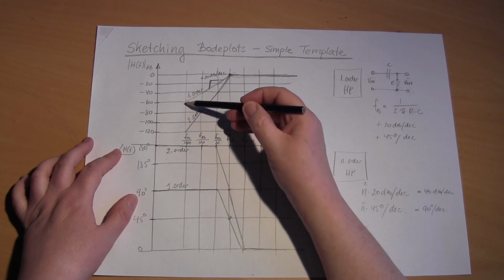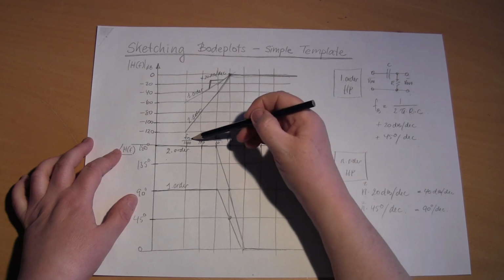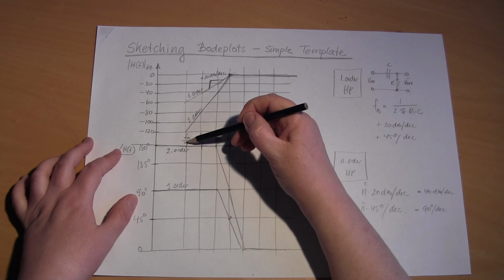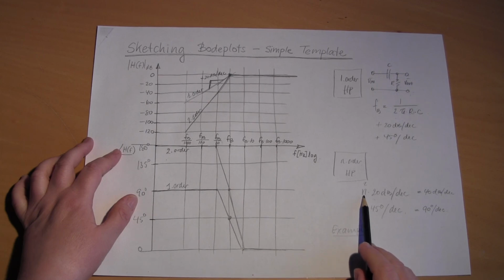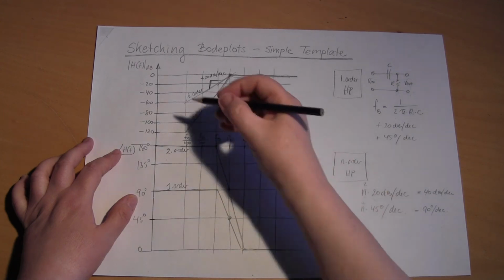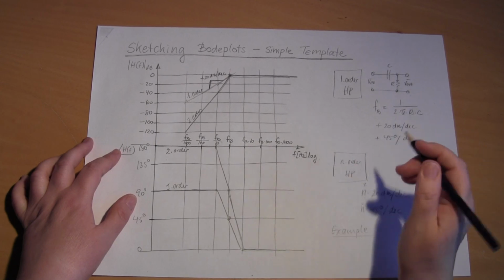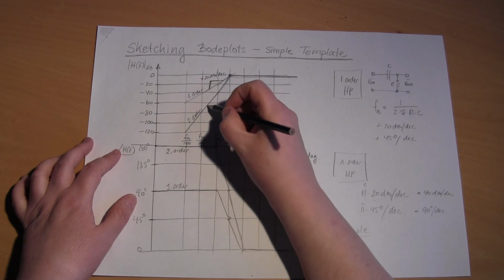Here I have 60 dB at a frequency 1, 2, 3 decades lower, and that fits very well with 3 decades and with 2, so we are up on 60. Yeah, for a second order filter.